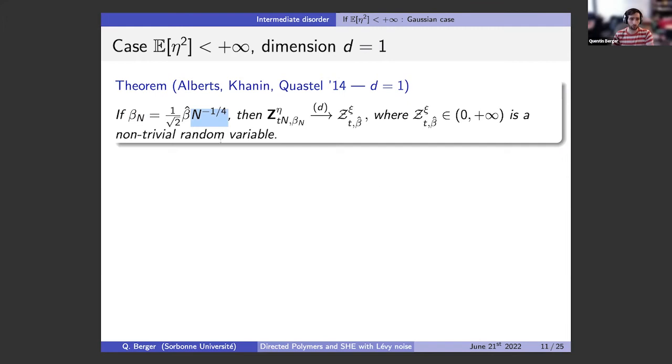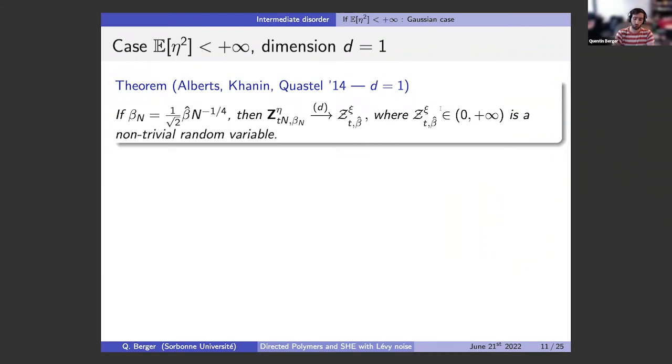Maybe I'll skip explaining where this exponent comes from, but if you want, I can show you. If you choose exactly that scaling with another parameter beta hat, then the partition function converges to a continuous partition function.